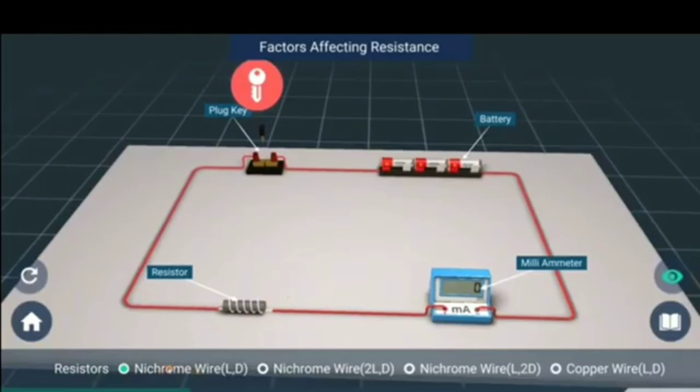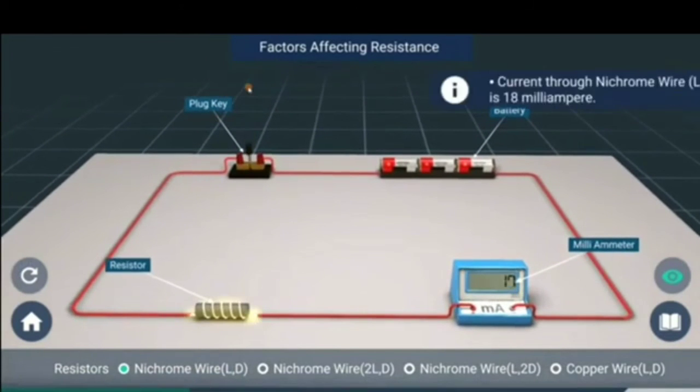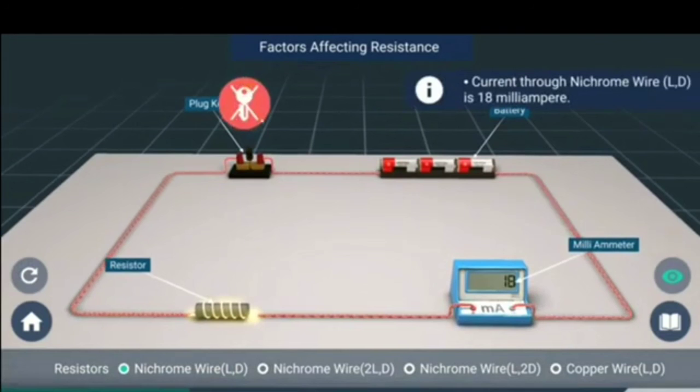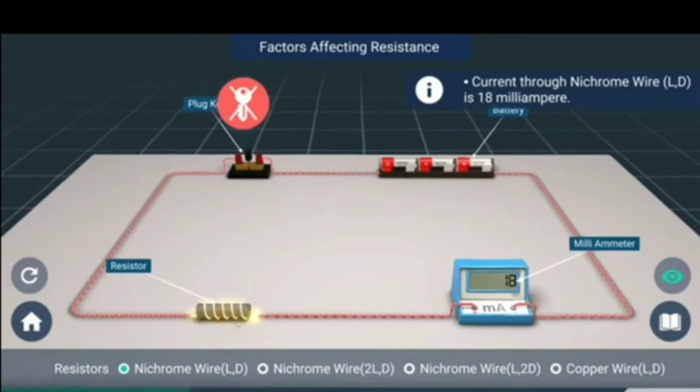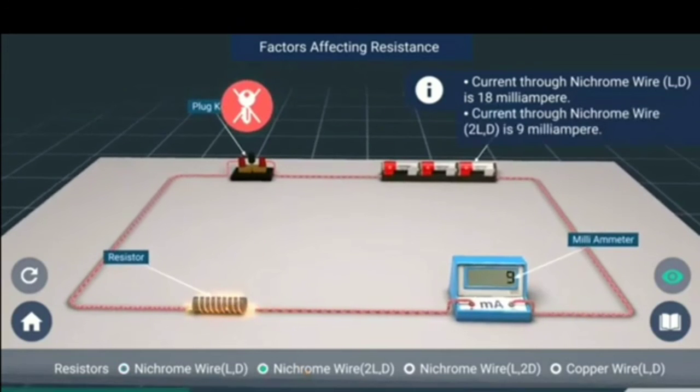First of all, we take a nichrome wire whose length is L and diameter is D. Having some diameter means a particular cross-sectional area. Now you keep the plug key on, so it's switched on. Note down: through the nichrome wire of length L and diameter D, a current of 18 milliamperes.